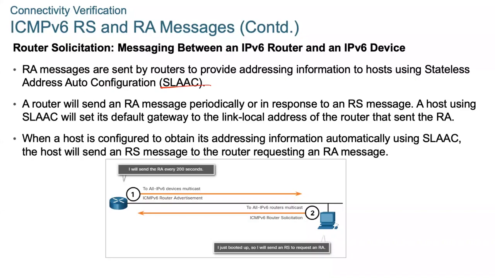So in that, it sends to all the IPv6 devices which are connected to your router R1, suppose, by giving the router advertisement, that is, what the stateless auto configuration information is.